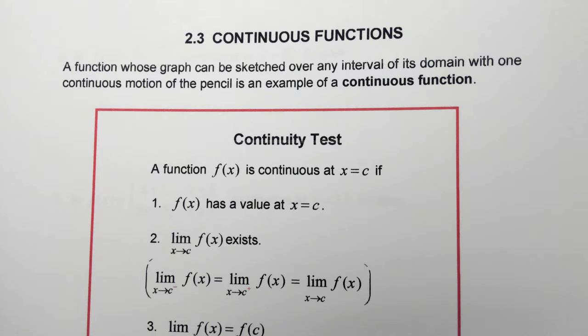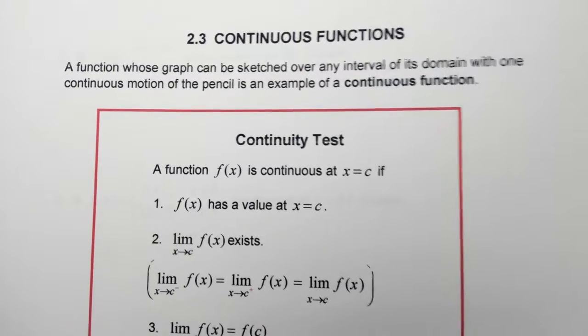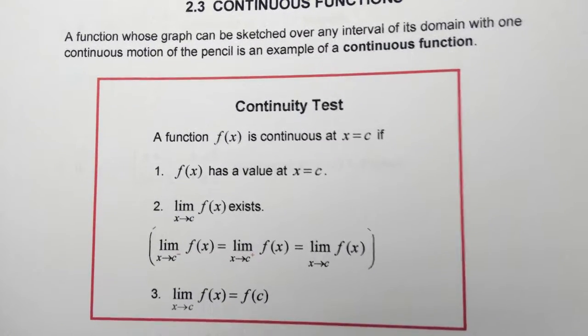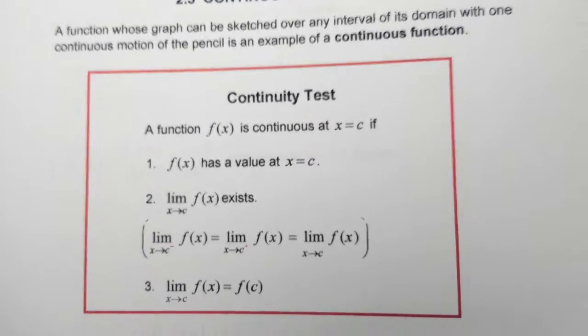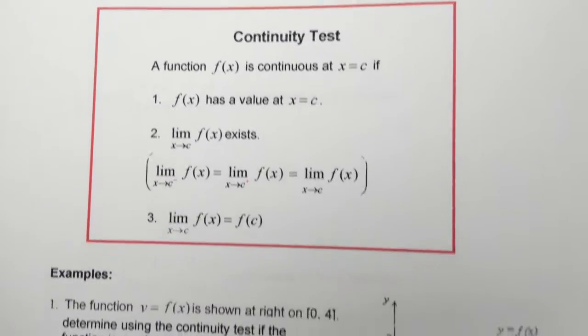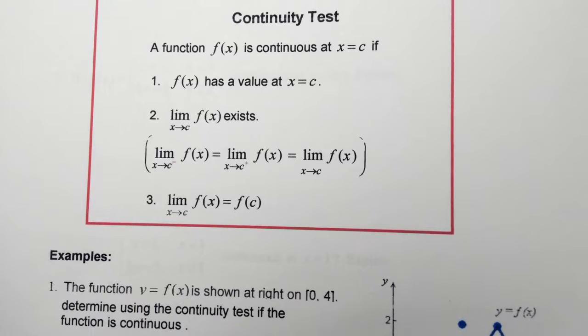Okay, so continuity test. There are 3 steps to checking if a function is continuous at any point x equals c. The first step is to find that the function does have a value at x equals c. The second step is to identify if the limit of f of x as x approaches c exists.